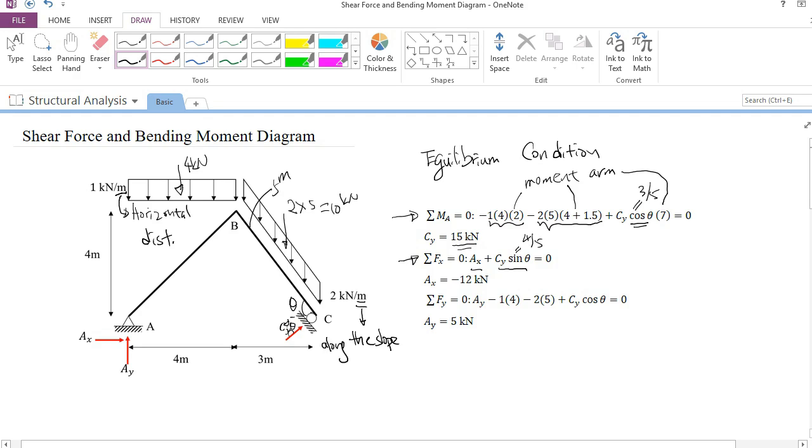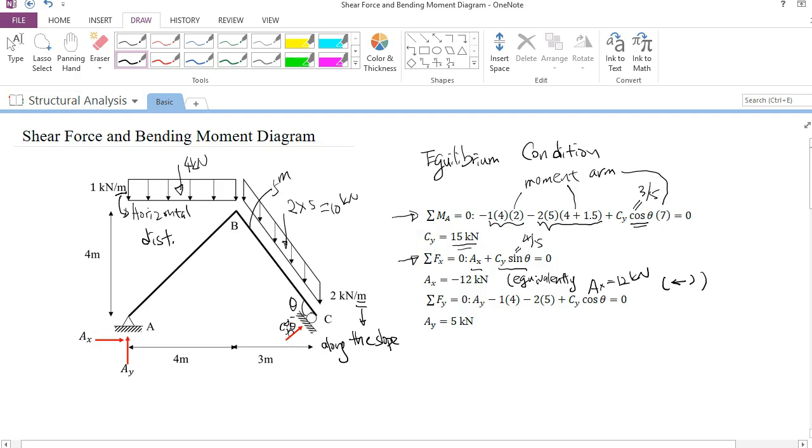So from this equation, you can obtain Ax is equal to negative 12 kilonewton. Negative here means that our assumed direction of the loading should be reversed. So Ax should be equal to 12 kilonewton towards the left.